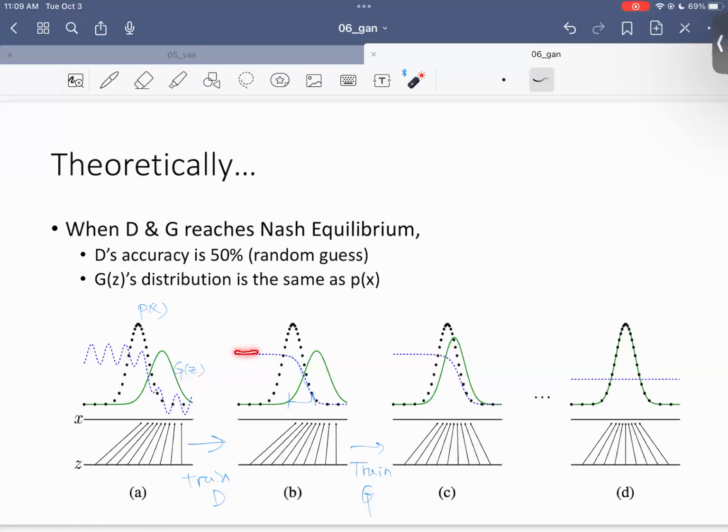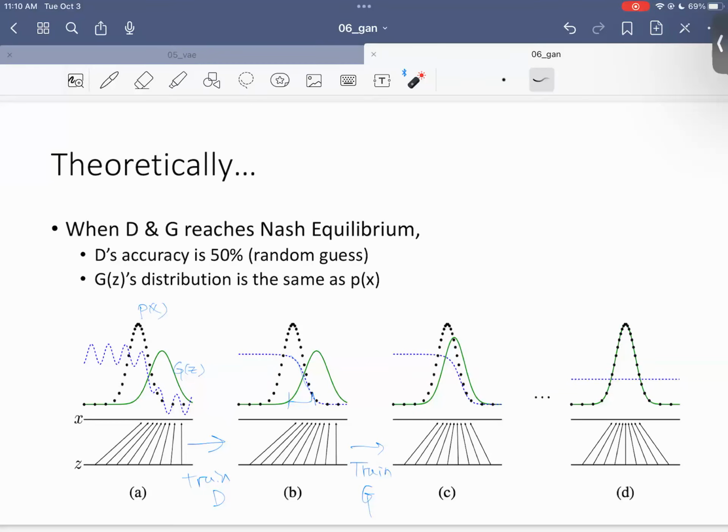Since we already know the decision boundary of D, all we need to do is slightly move G(Z) to the left, a little bit here, so that D can no longer successfully maximize the cross entropy, or it fails most of the time in distinguishing between the real and the fake samples, because now G is a little bit closer to PX.